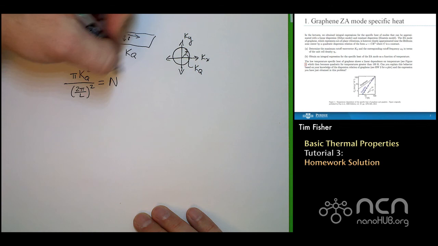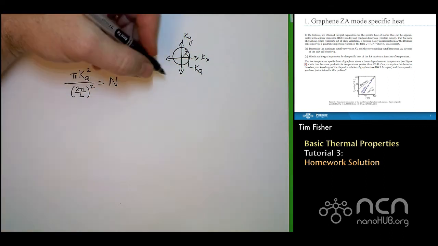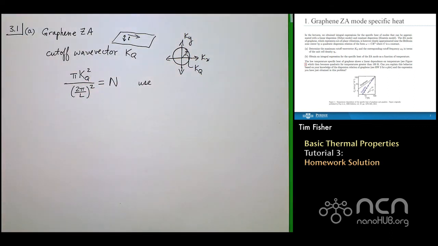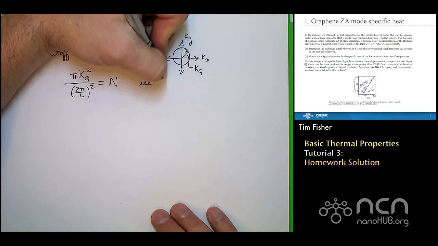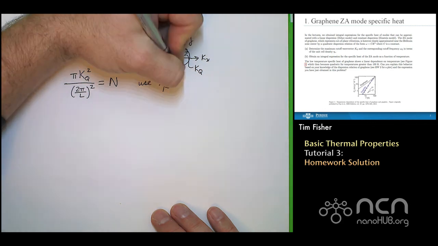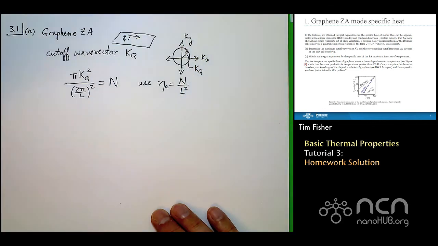Well, the number of allowable states is a big number, and we want to express that in terms of density. So we're going to now use the concept of number of states per unit area. We'll call that eta sub A, and that equals N divided by L squared.